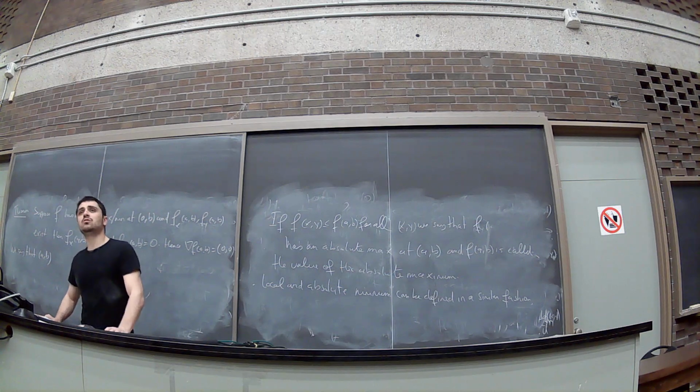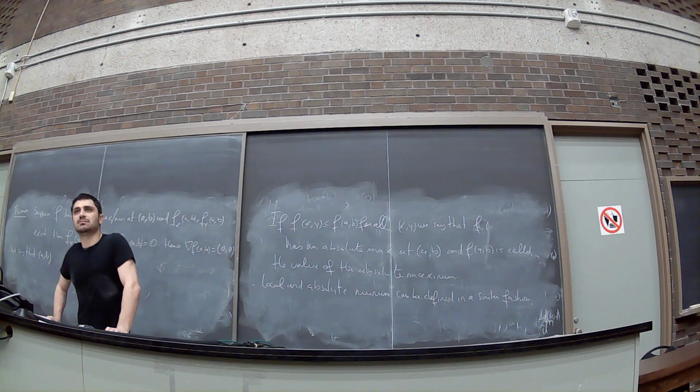Suppose f. What did we call a critical point in Calc 1? It's a point where the derivative is 0 or the derivative does not exist.